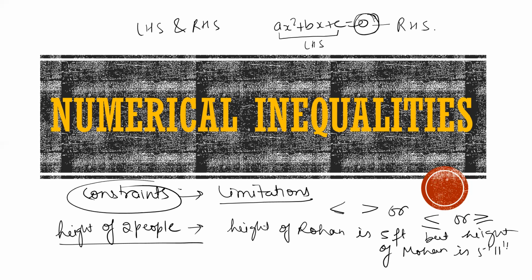So I would say that height of Mohan is obviously greater than the height of Rohan. So here I am using greater than sign, right? So where I'm using greater than sign, less than sign, or greater than equal to sign and less than equal to sign, I'm talking about inequalities.